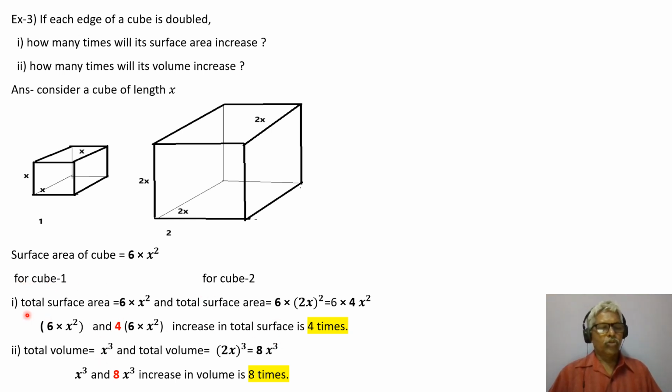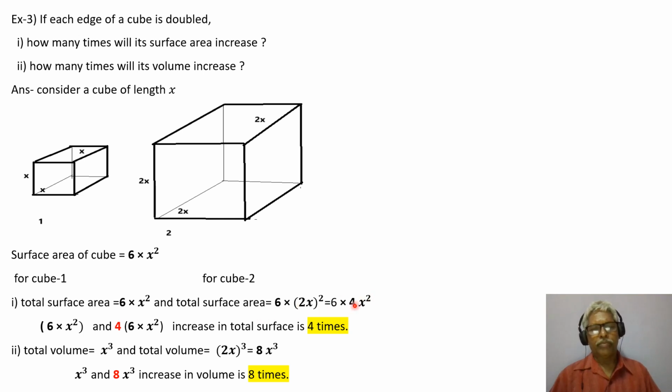For cube 1 is this, and for cube 2 is this. So first, total surface area of this is equal to 6 into x square, and total surface area in this case will be 6 into 2x the whole square, as 2x is its side. So this will be 6 into 4x square.